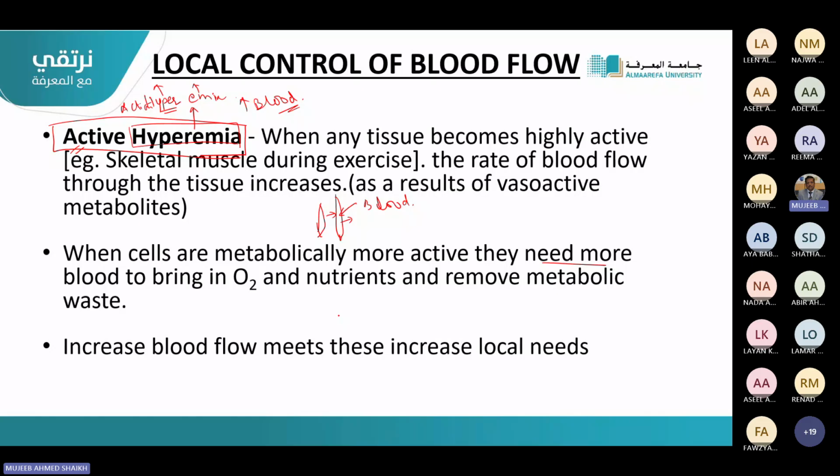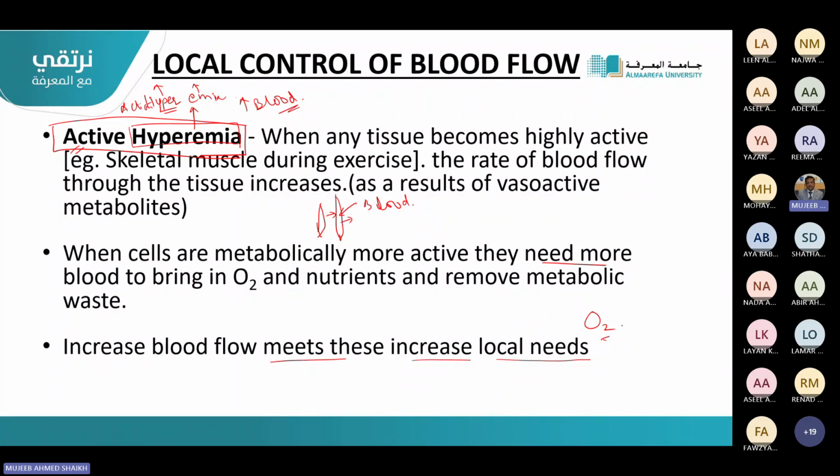That's why the automatic mechanism is there that will cause vasodilatation. This will lead to a compensated supply of nutrients, oxygen plus nutrients. So any tissue which is becoming active, the blood flow to that tissue will become more. This is called active hyperemia.